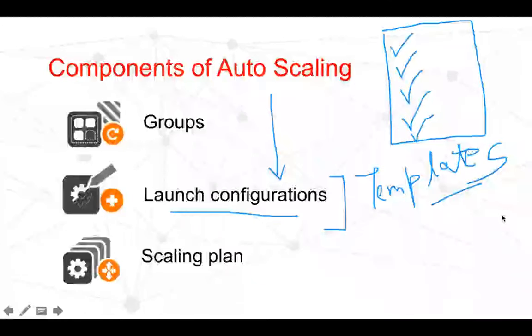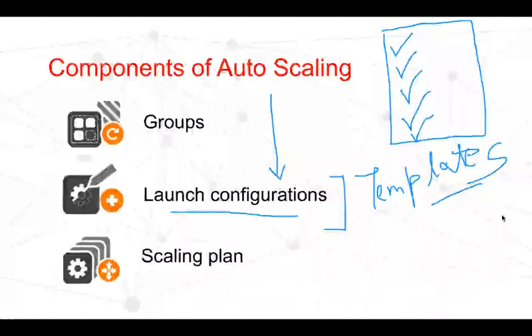Next, we have something called scaling plan. See, if you want to accomplish a higher goal, you have some plan for it, right? If you don't have any foolproof plan, the chances are that the thing you're trying to accomplish may fail. Scaling plan means that we create a foolproof plan to ensure that the configuration we're defining with the auto-scaling group works successfully.